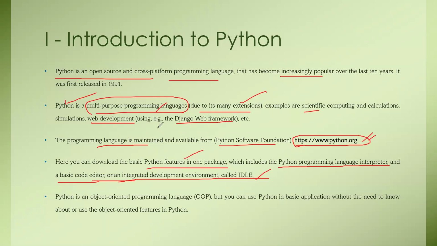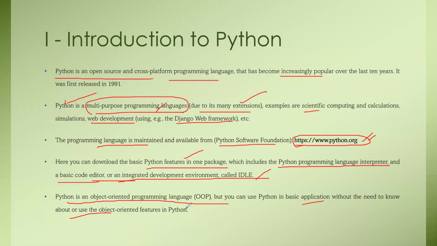Another important benefit of Python is that it is an object-oriented programming language, but you can use Python in basic applications without using it. For example, if you work on Java-based or C++ based applications, they are purely object-oriented programming languages. If you want to create a Java program, you start with the class definition, right? A class is nothing but a collection of functions and variables.